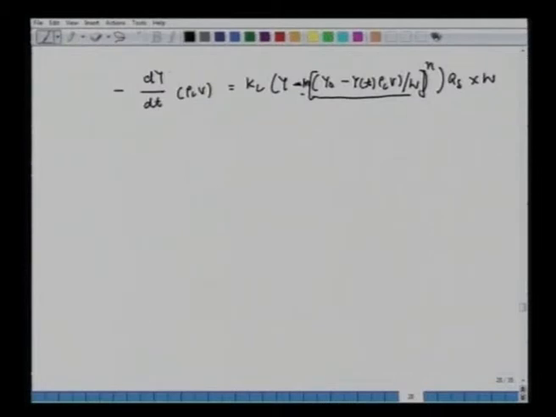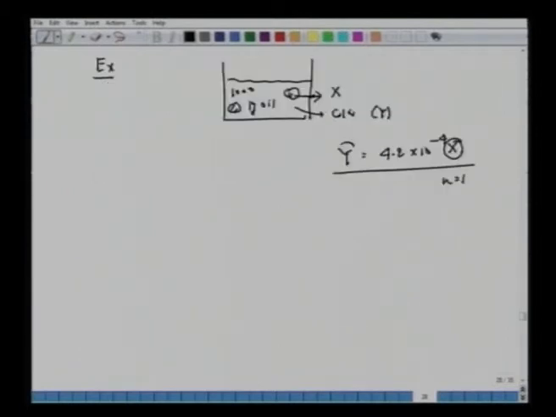Okay, so essentially now we can write this expression as dy by dt equals some a b y minus c, and then one can integrate dy over b y minus c equals dt.